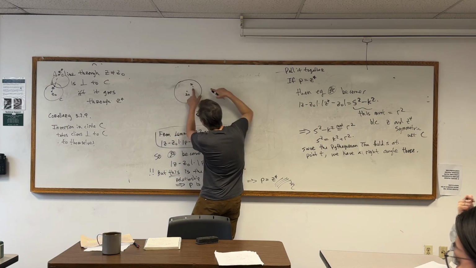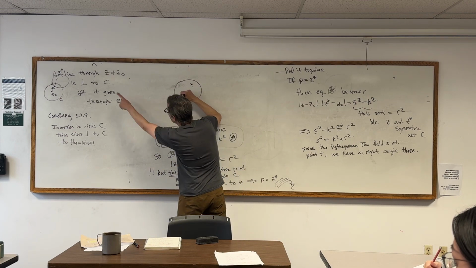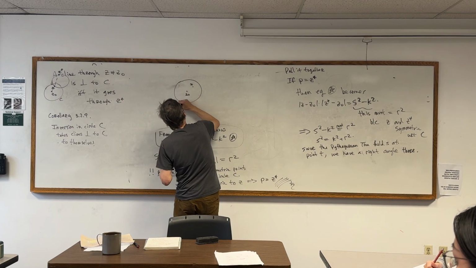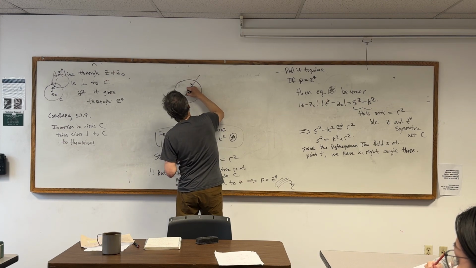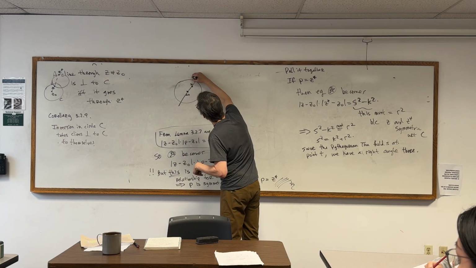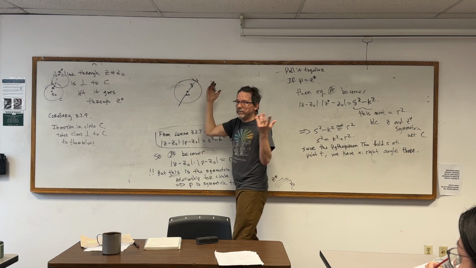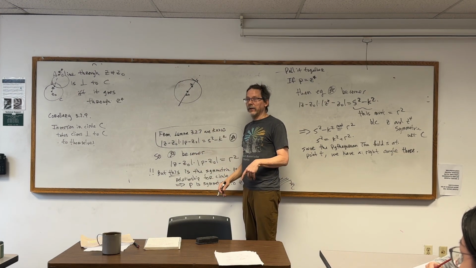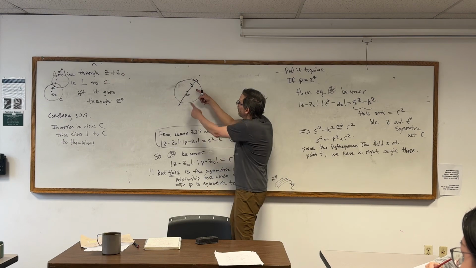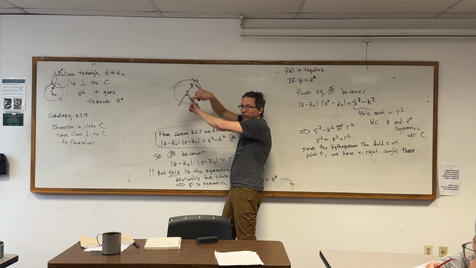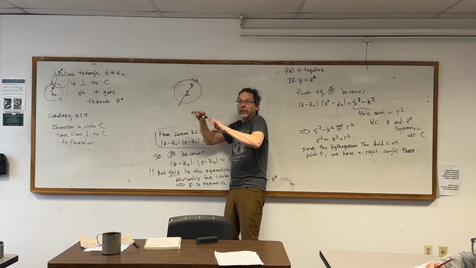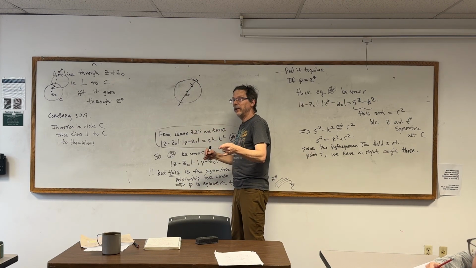Lou's saying that if I've got this point Z here and the cline that is passing through it also passes through the center, then we know that it is by nature perpendicular to that circle. And so when I invert this line, it just turns inside out into another line. The inversion of a line through the center is a line through the center. So awesome. You got the other one?